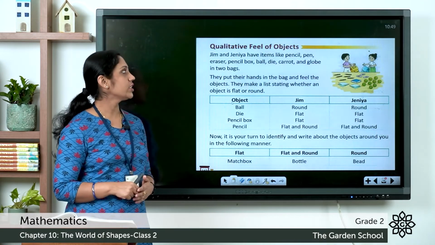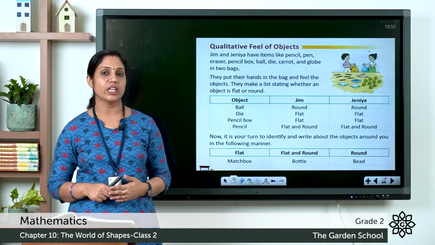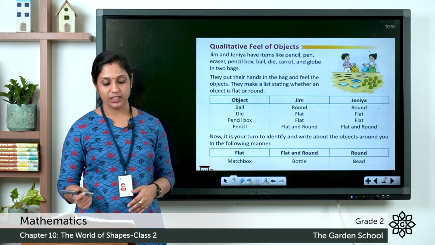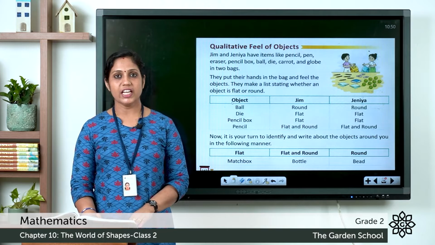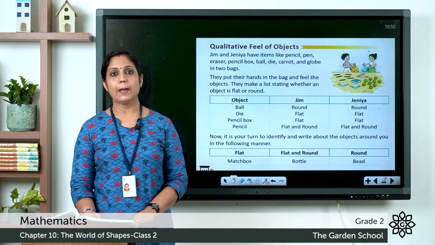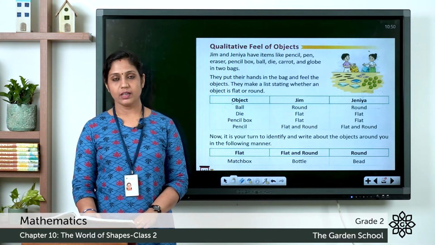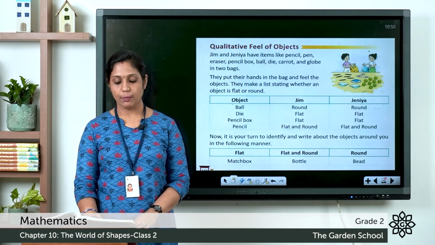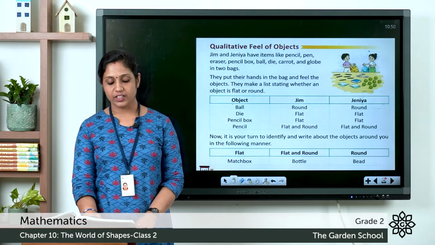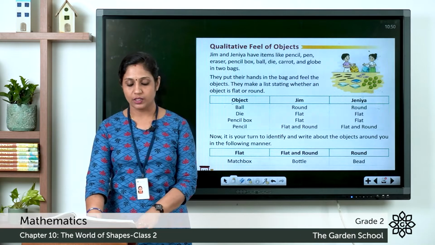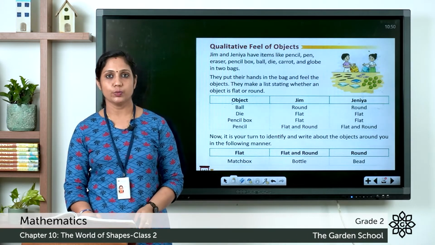Here it is, qualitative feel of objects. You can see this in your textbook. Let's read that. Jim and Genia have items like pencil, pen, eraser, pencil box, ball, die, carrot and globe in 2 bags. So you can see that Jim and Genia are 2 people.